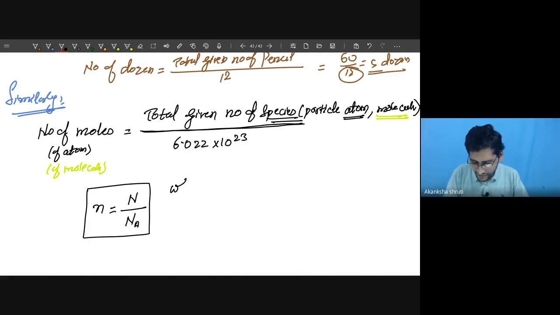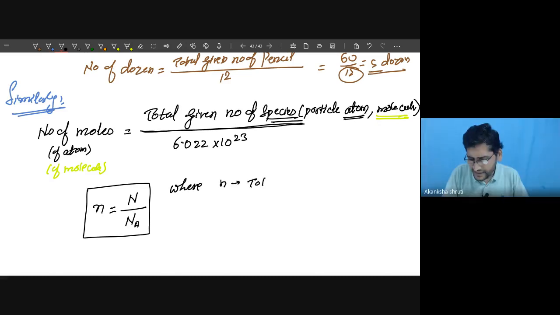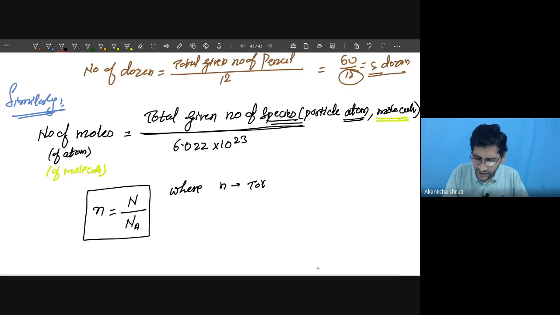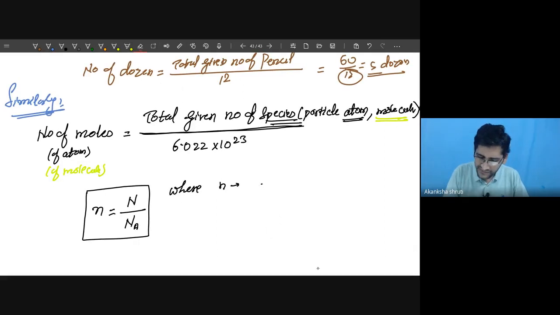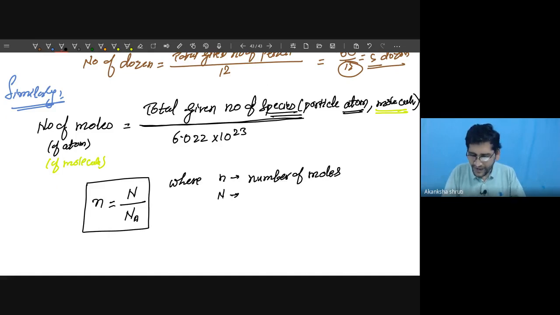So this n will give us the total number of moles, the number of moles that we want to calculate, and this N is our number of particles given.